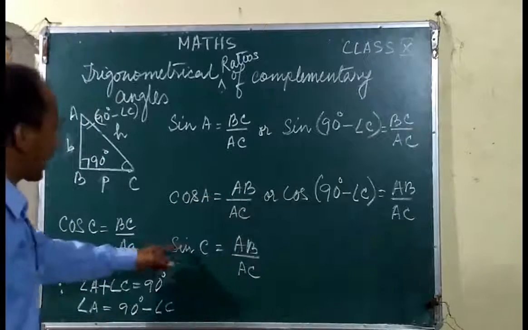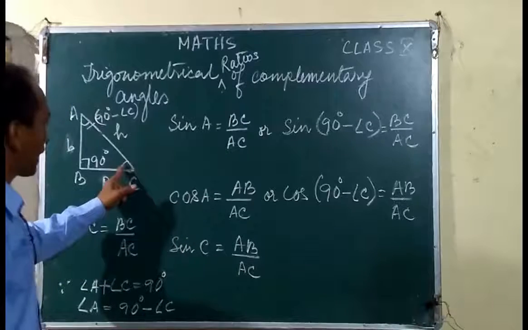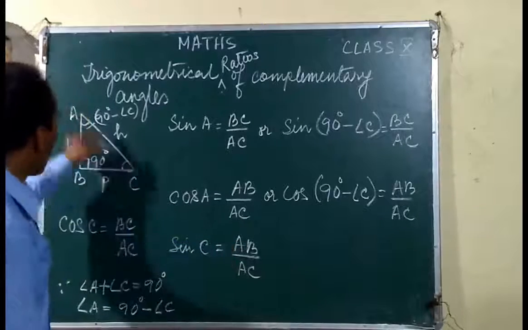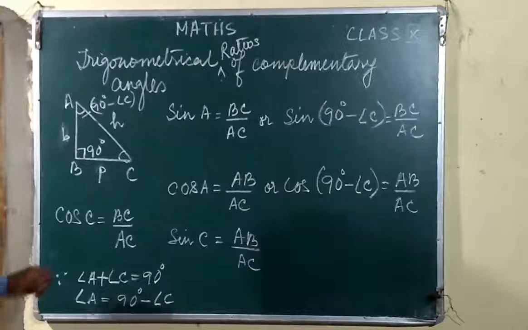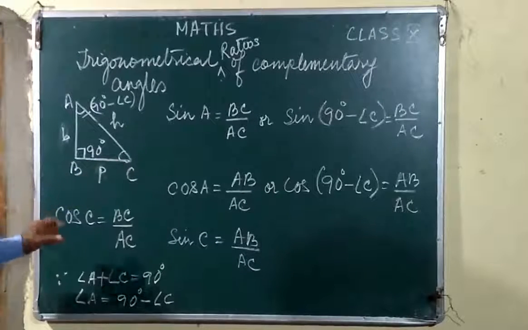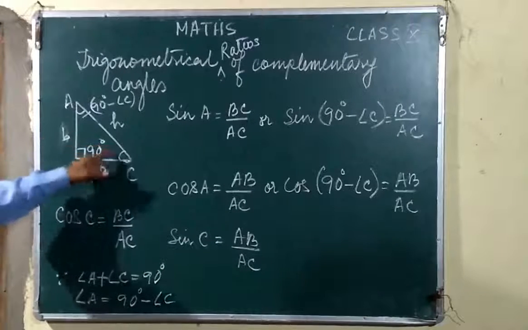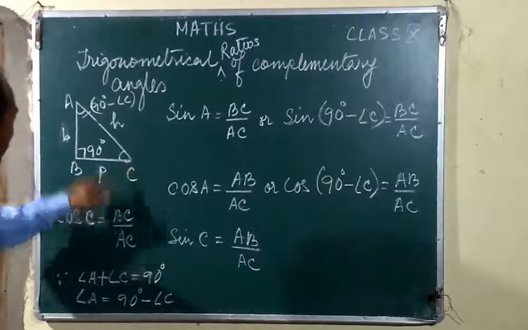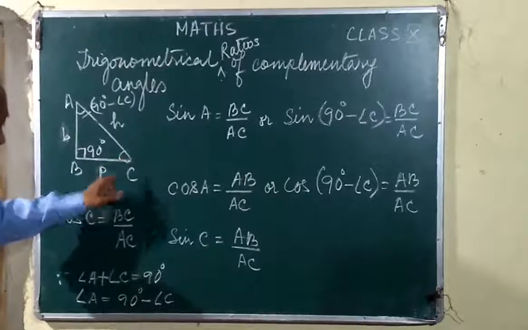If we measure sin C, then AB is perpendicular, so sin C is AB by hypotenuse AC. Now, cos C, this is base, so BC by hypotenuse AC.